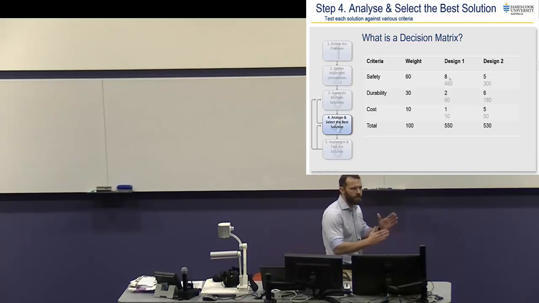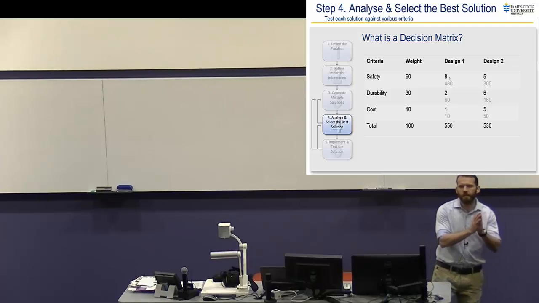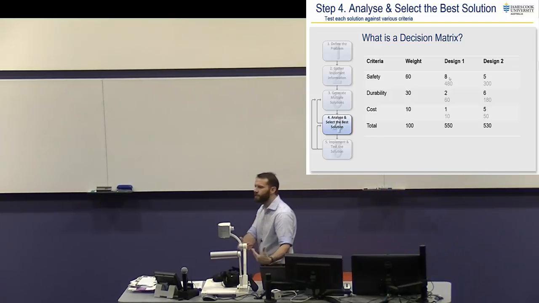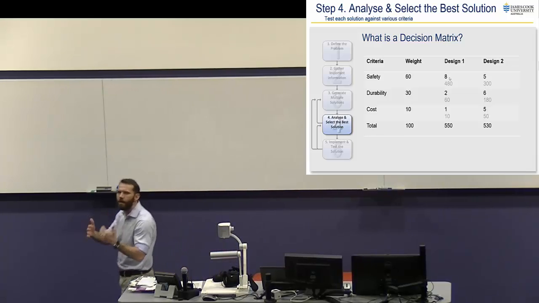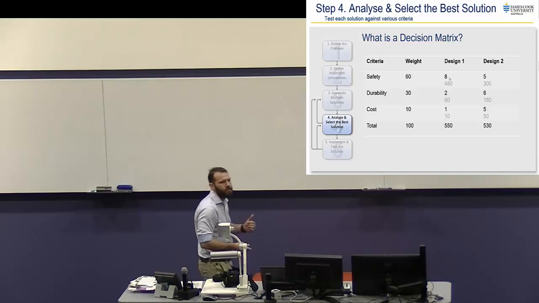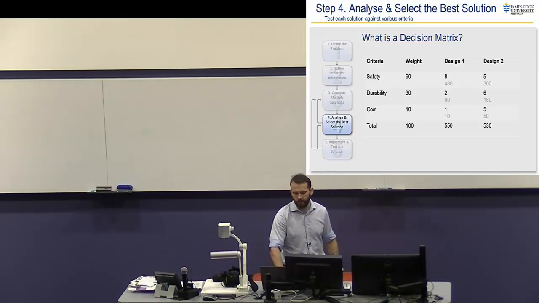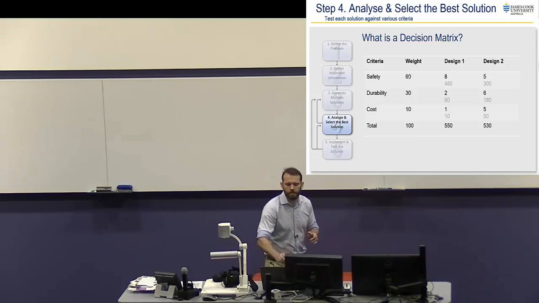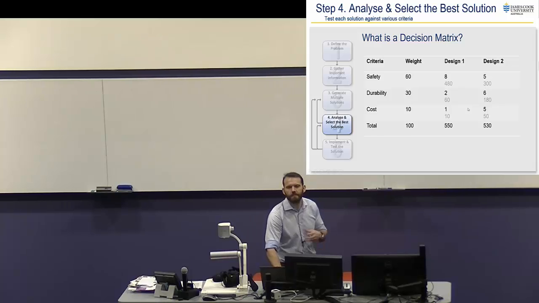All right? So that weight column is very important because the weight basically enforces our criteria, how important we feel something is. Okay? Now the weight doesn't have to be out of 100 like this. You could have 3, 2 and 1. Or you could have 100, 50 and 0. All right? It doesn't matter because it's relative. And it also doesn't matter what scores you give the designs because again that's relative.